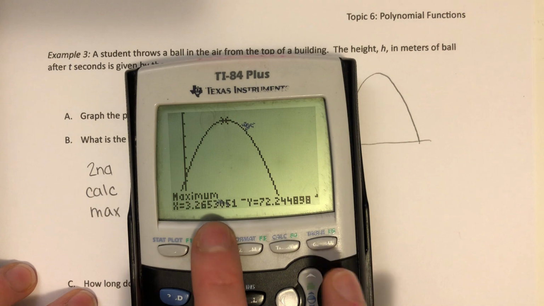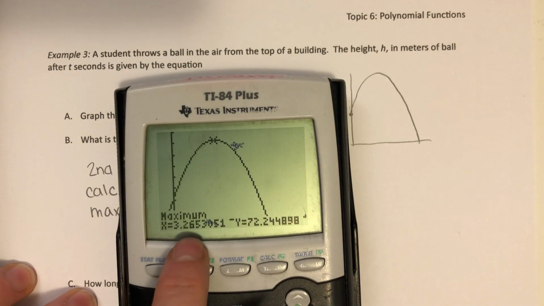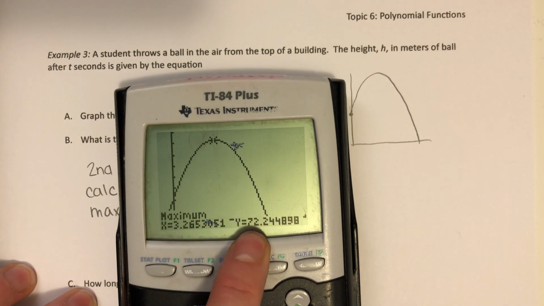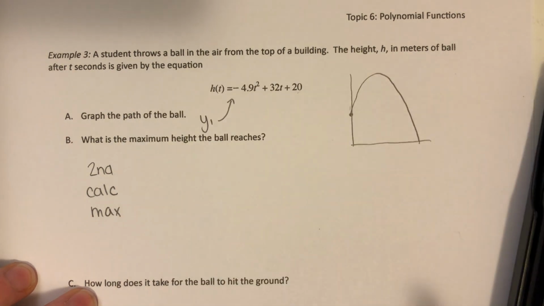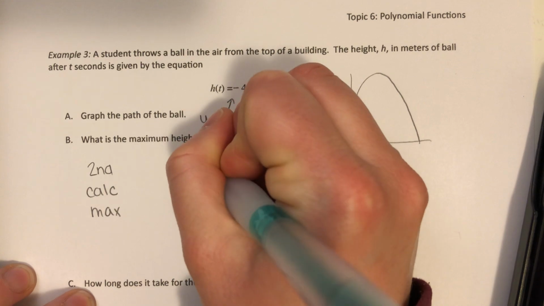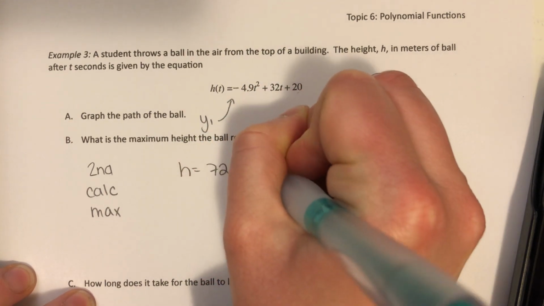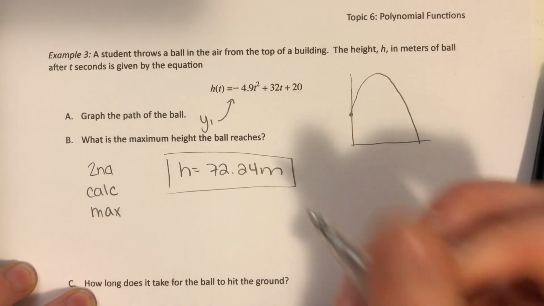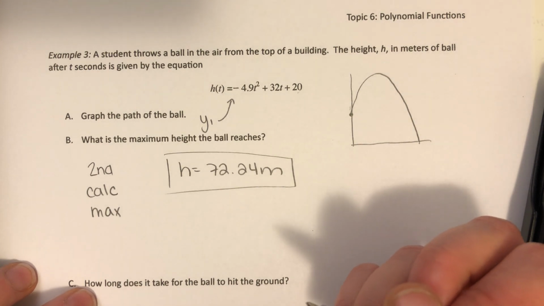So my maximum happens at 3.27 seconds and is a maximum height of 72.24 meters. So height is 72.24 meters, and it doesn't actually ask for the time on this one, so we don't have to actually do it.